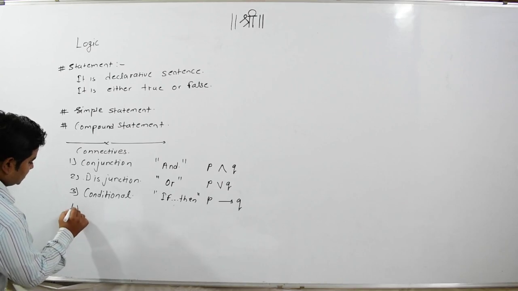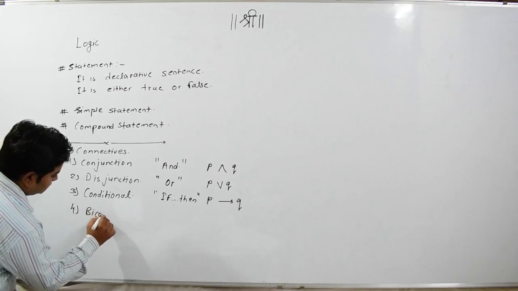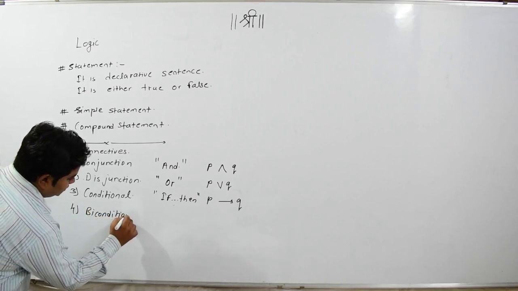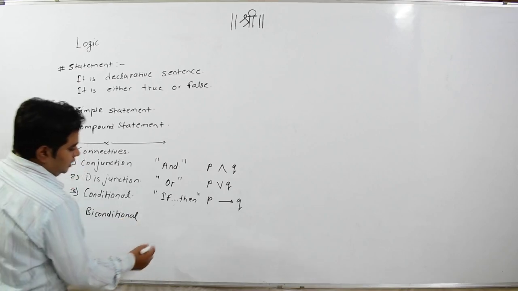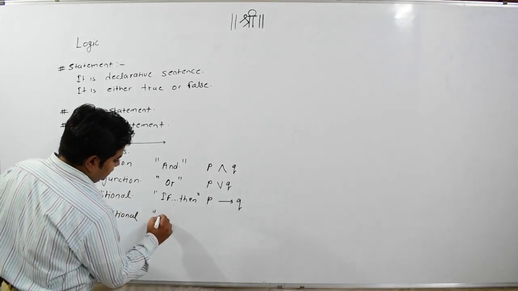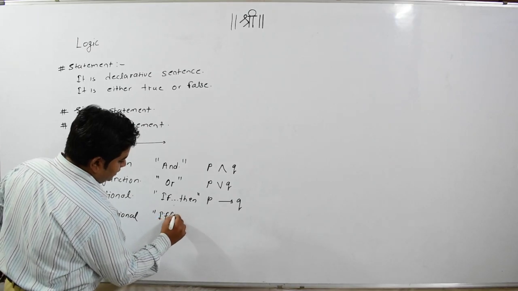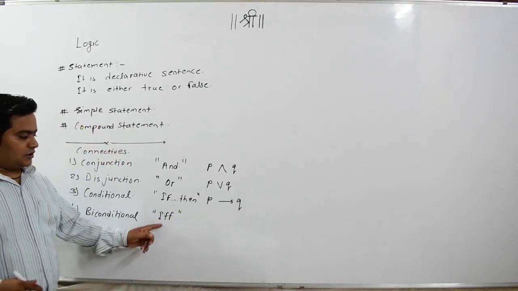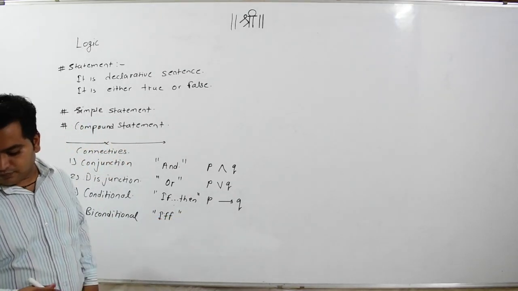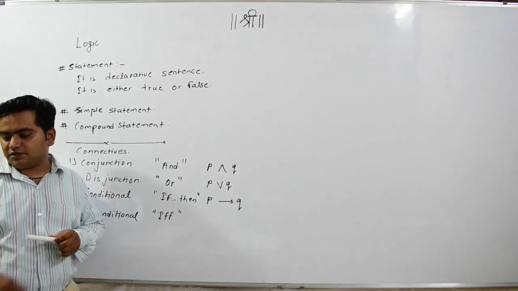As the name suggests, biconditional means if and only if. I am writing it in shortcut form. You will see in the textbook that different kinds of examples are there.